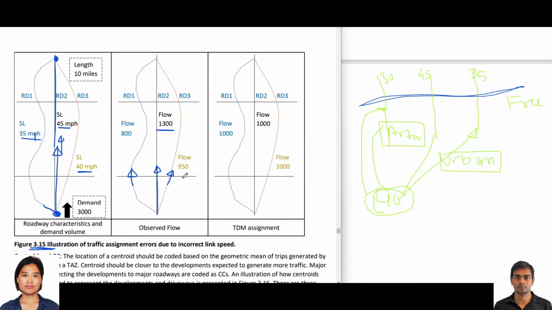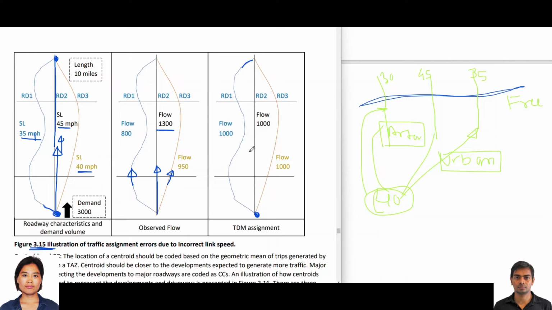So let's say these three roadways are identical to each other in every aspect besides the speed limit. So what the travel demand model would do is assume that the speed on this link, the speed on this link, and the speed on this link are equal, and let's assume that the lengths of these three roads are equal, even though it's drawn like this one is a little bit longer.